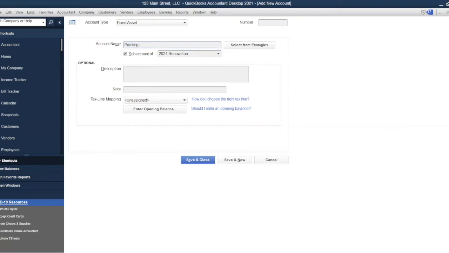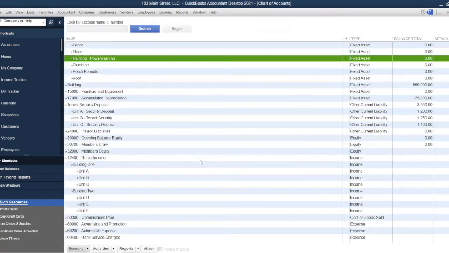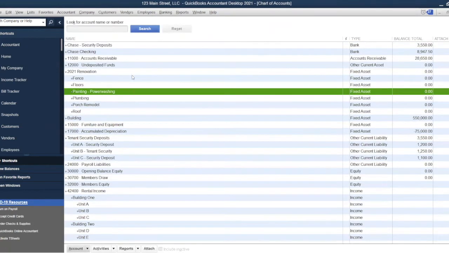They painted the interior of the house and power washed the outside. So we'll just call it painting, power washing. Okay, so far we've got the fence, the floors, painting, plumbing, porch remodel, roof.